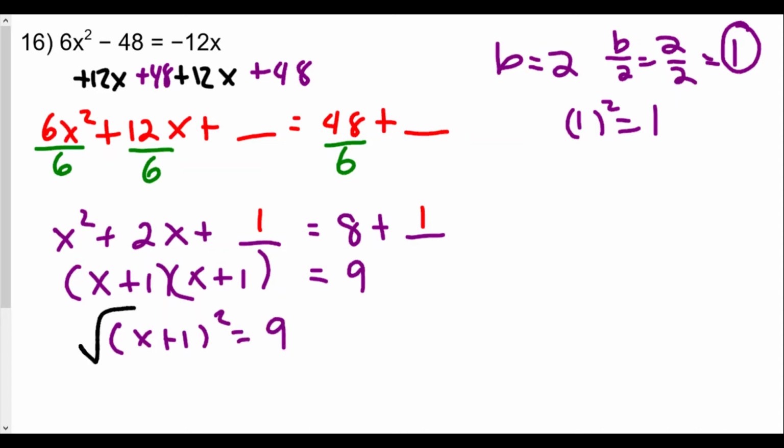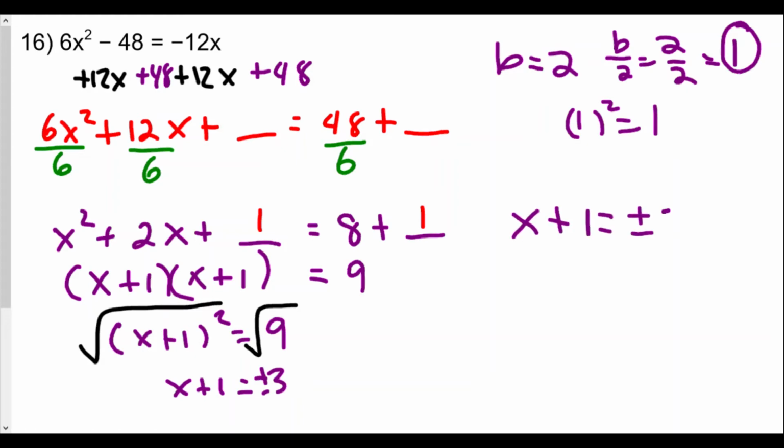We will take the square root of both sides, and we end up getting x plus 1 is equal to plus or minus 3. So when we solve this, x plus 1 equals plus or minus 3, we're subtracting 1 from both sides. Yes, and this looks very complicated, but let's take a look here. x is equal to negative 1 plus or minus 3.